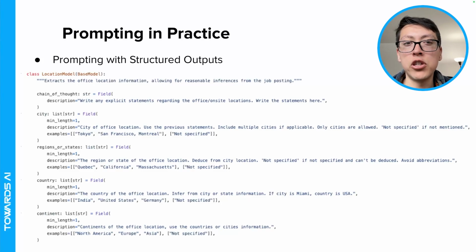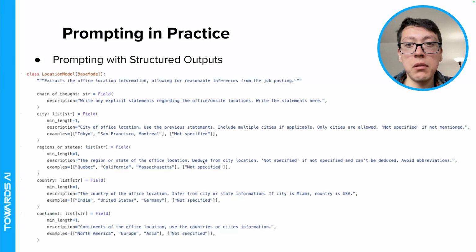So here I have the chain of thought attribute, the variable that will contain the step-by-step reasoning of the model. Then I want to see a list of cities, list of regions. I specify the type, so list or string. I specify the number of items the list should have. So for example, I want to have at least one item in the list, one element.